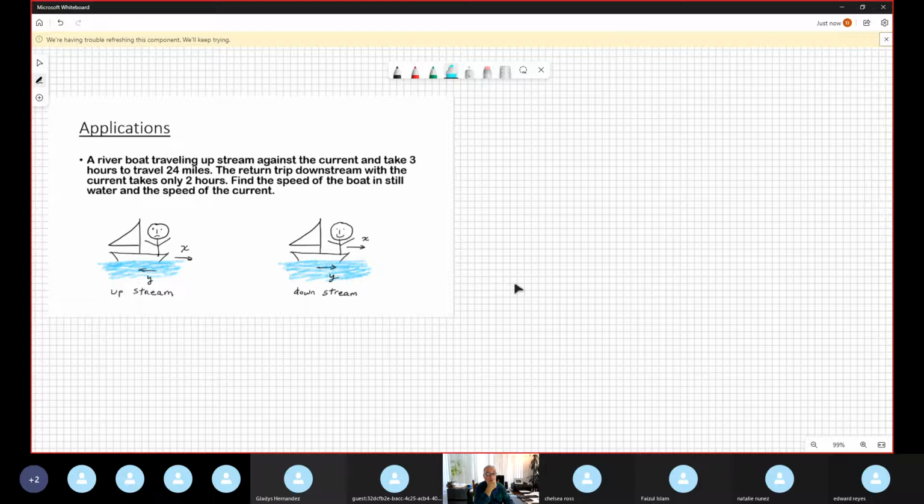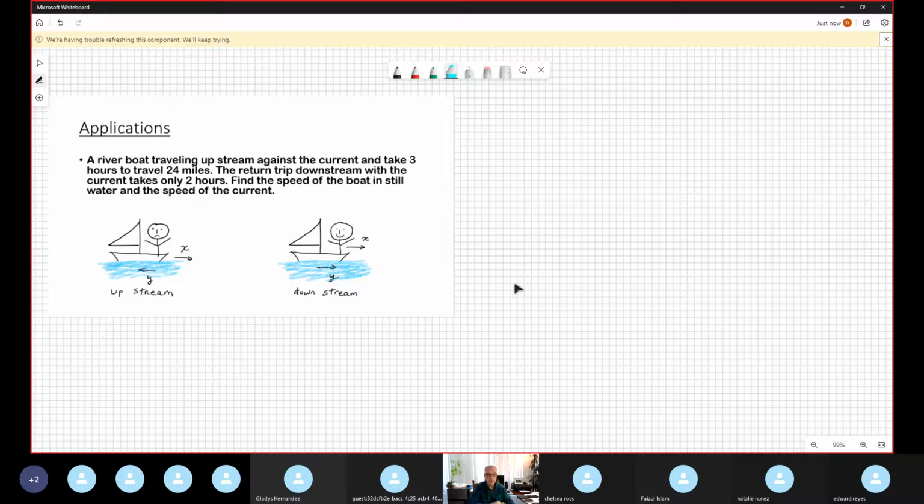And the return trip downstream, with the current, takes 2 hours. Because it's in the same direction, the current helped you go faster, so now the duration is smaller, 2 hours. Find the speed of the boat in still water, so without current, and the speed of the current.